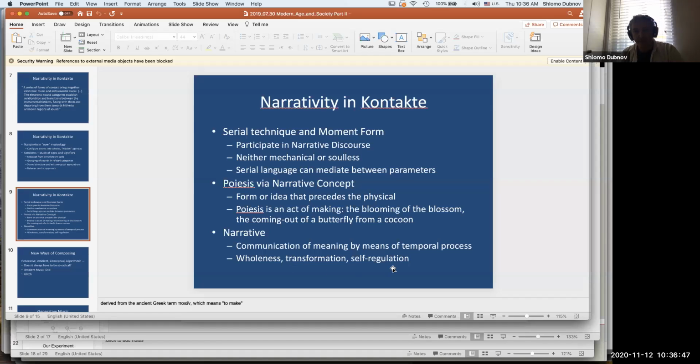Again, these terms are very abstract. Self-regulation means that it comes to some point where things are balanced, they coexist. You feel that there was a coherence or a wholeness, and that things are related by transformation, which means you can understand how one thing is derived from another one.